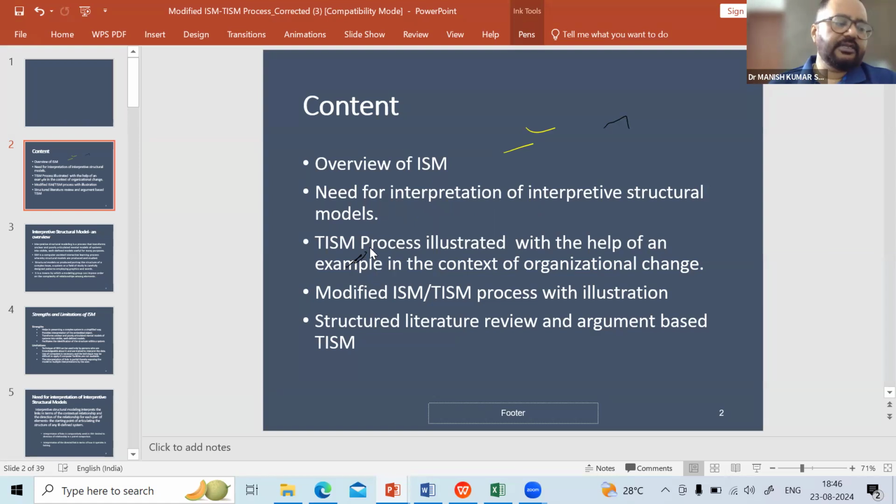Then we quickly switch over to the TISM process, because this is the main topic of the day. What is the TISM process? TISM is Total Interpretive Structural Modeling. The basis of TISM is ISM. Our presentation will be like that only.